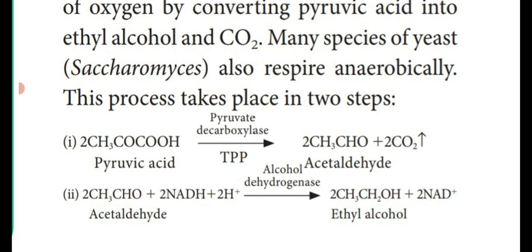So the main theme is pyruvic acid is converted into ethyl alcohol and carbon dioxide. It takes place in two steps. First step, 2 molecules of pyruvic acid converted into 2 molecules of acetaldehyde and carbon dioxide. Then this acetaldehyde reduction process takes place in the presence of coenzyme NADH2, converted into ethyl alcohol and NAD.